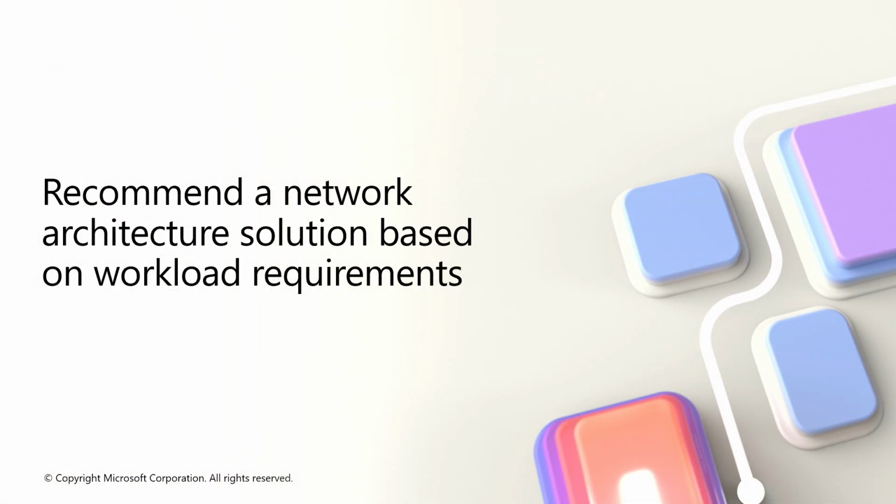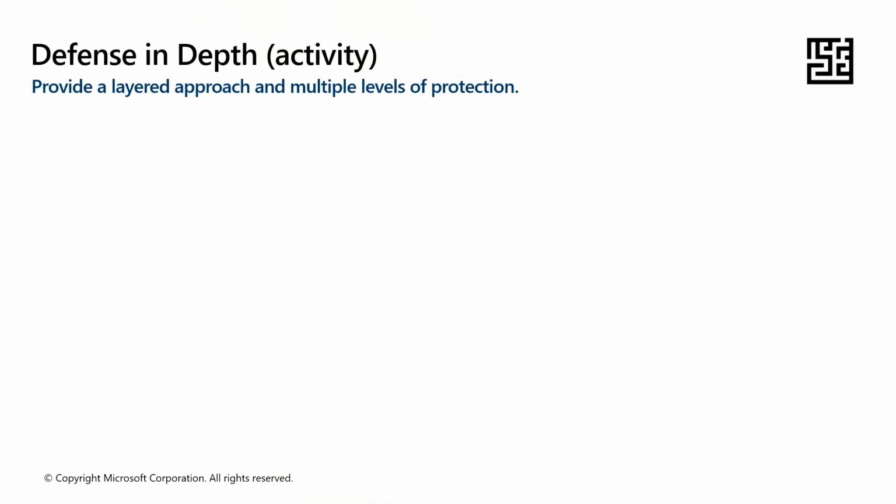With Azure Networking Services, we can connect Azure resources and on-premises resources, and protect and deliver our applications. To recommend a network architecture, we need to consider how workload requirements translate to network requirements. Before we discuss any specific product, let's zoom out to understand our defense strategy.